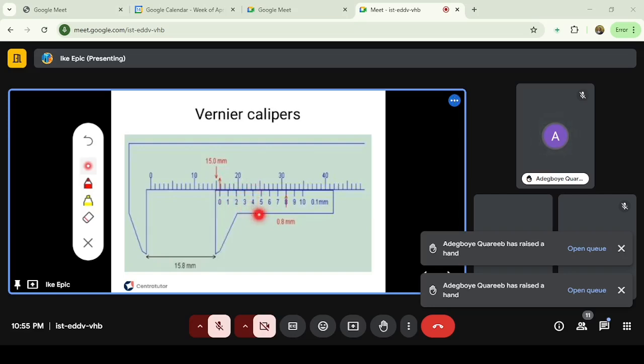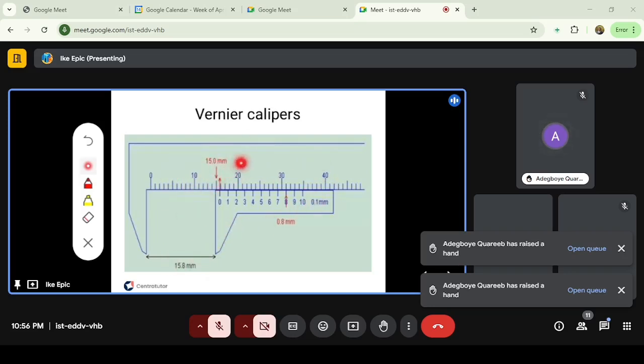Number five almost intersected, but did not. Number six was very close. Number seven was very close. But number eight lapped perfectly with the main scale reading. So the point where it intersected was number eight, and you add that eight on the point side of the main scale reading. So you will have 15.8 as your total reading.